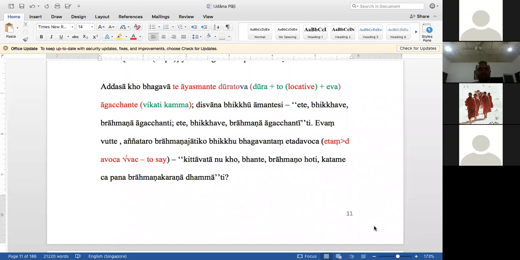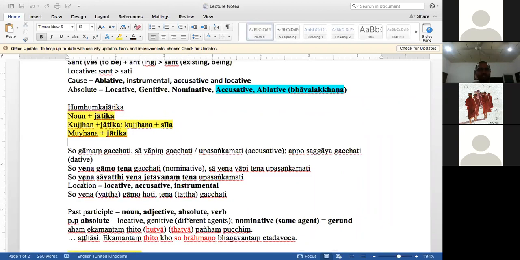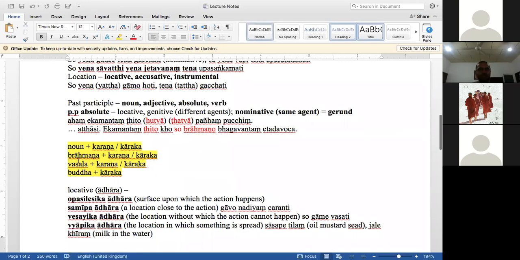So the virtues that make one a Brahmin or a Vasala, an outcast, or a Buddha, we can call Brahmana Karana, Vasala Karana, Buddha Karana, and also Karaka. Brahmana Karaka Dhamma, Vasala Karaka, Buddha Karaka Dhamma. Right? So Brahmana Karana Dhamma is the qualities that make you a Brahmin.